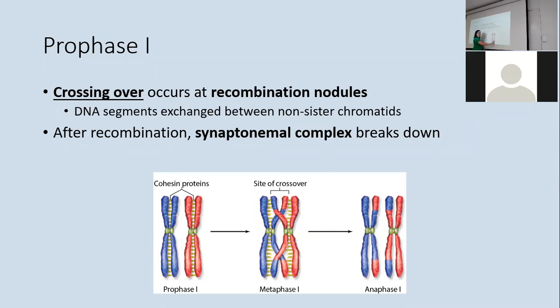This chromosome was initially all genes from my dad, now it is a mix. It's shuffled back and forth that way. Once crossing over and recombination is finished, that synaptonemal complex breaks down. So they join up, they trade some stuff, and then they let go.